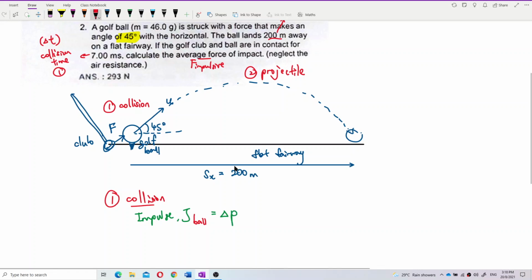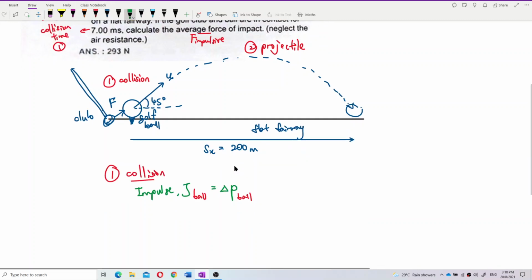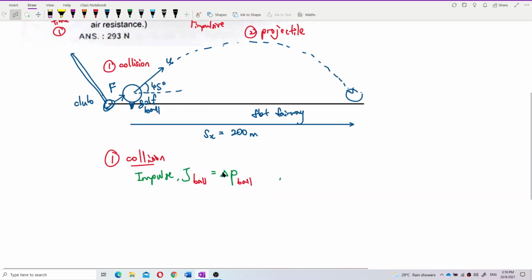Change of momentum of what? Of the ball. And we have a second equation for the impulse, which is impulsive force. That means the force on the ball.